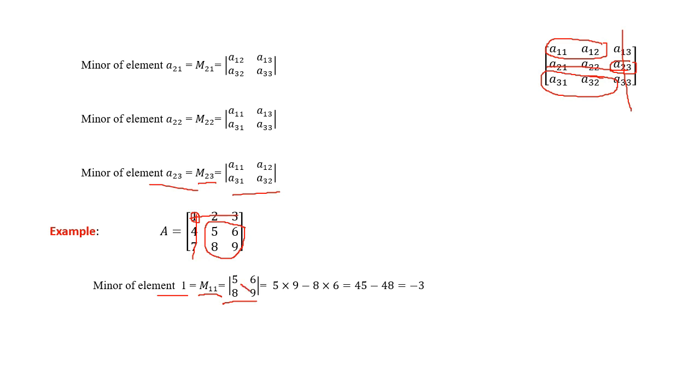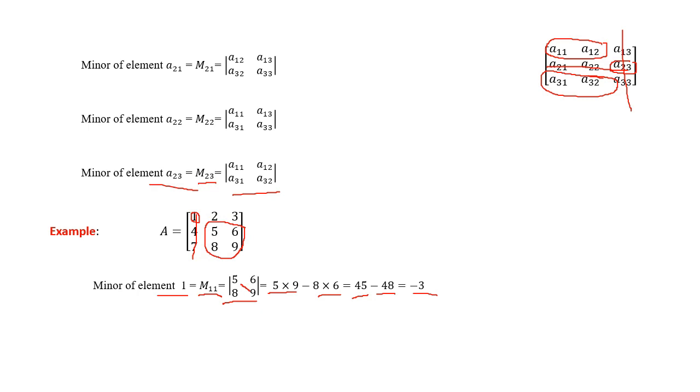How to solve this determinant? Just take cross multiplication. 5 into 9 is 45, minus 8 into 6 is 48. 45 minus 48 is minus 3. So minus 3 is the minor of the element 1 in this particular matrix.